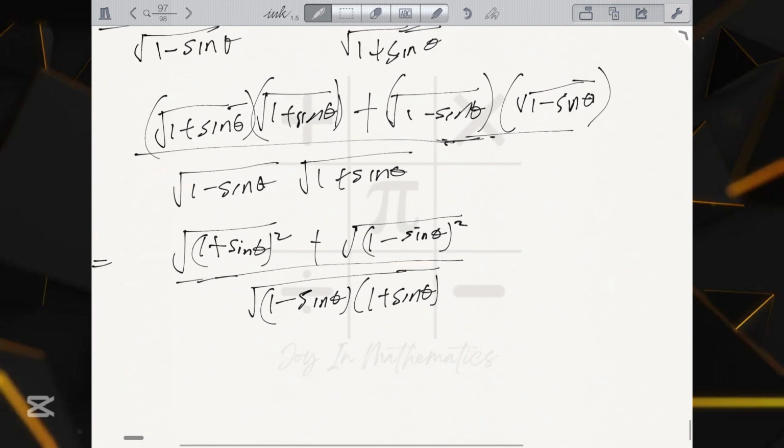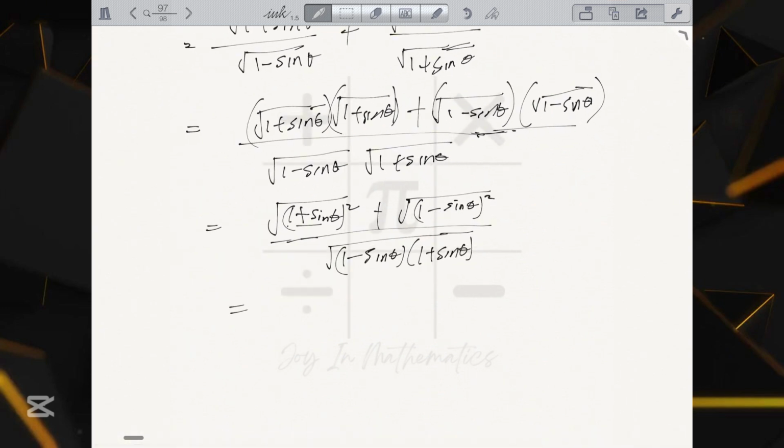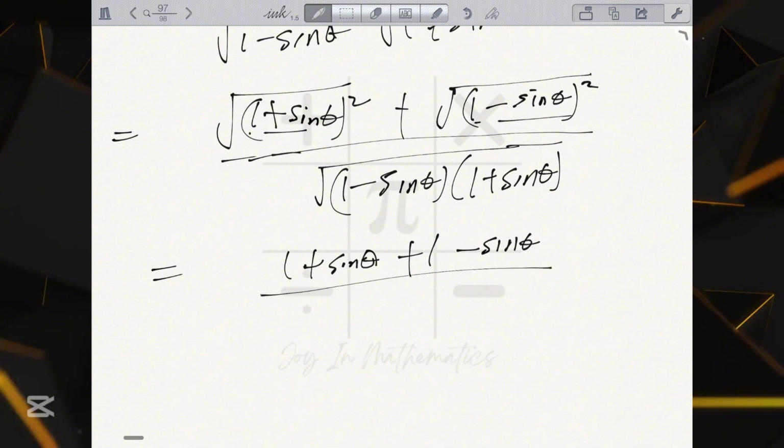Moving on, the square root will nullify the square for both terms of the numerator, so we'll be left with 1 plus sine theta plus 1 minus sine theta, and the denominator will be the square root of an expression that is a difference of two squares, so this will be 1 squared minus sine squared theta, or simply 1 minus sine squared theta.